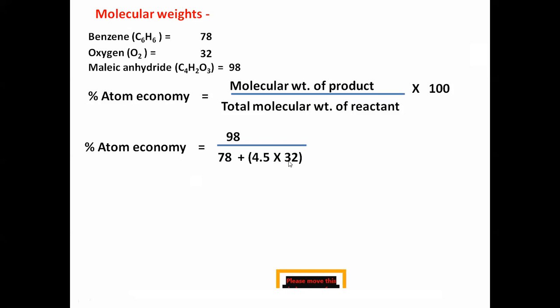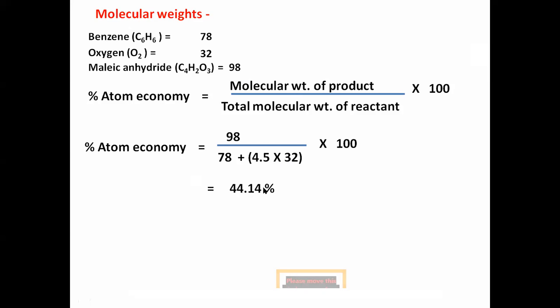One molecule is 32, and we want 4.5 molecules according to the reaction. So 4.5 into 32. These are the reactants, benzene and total oxygen, into 100. So that becomes 44.14.